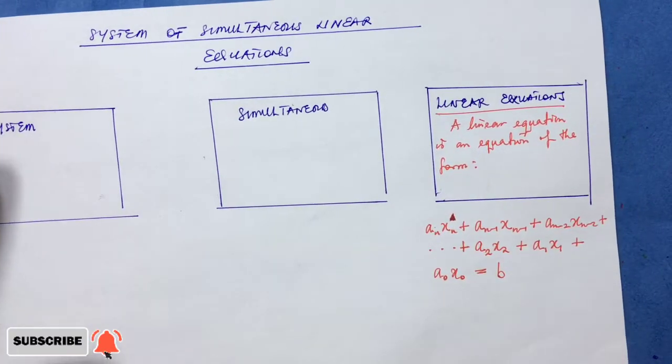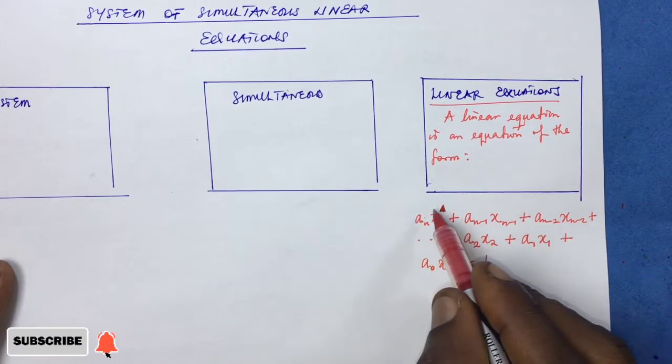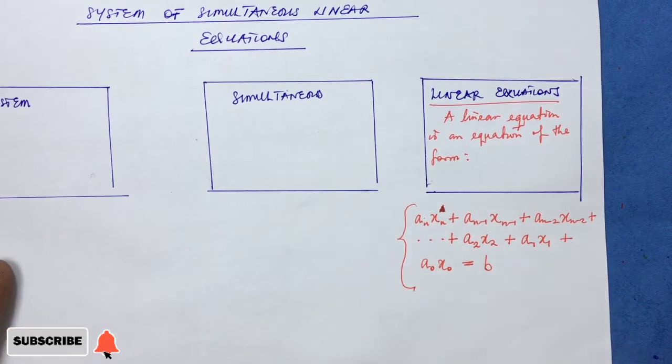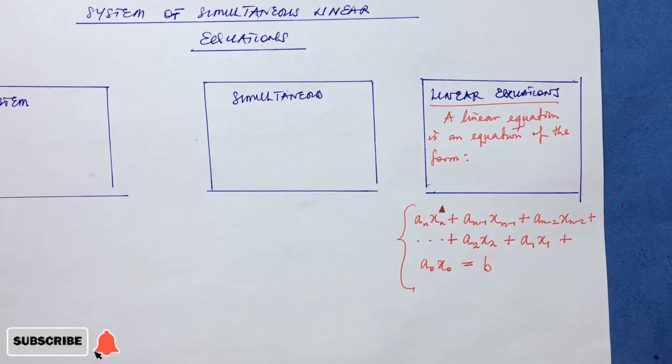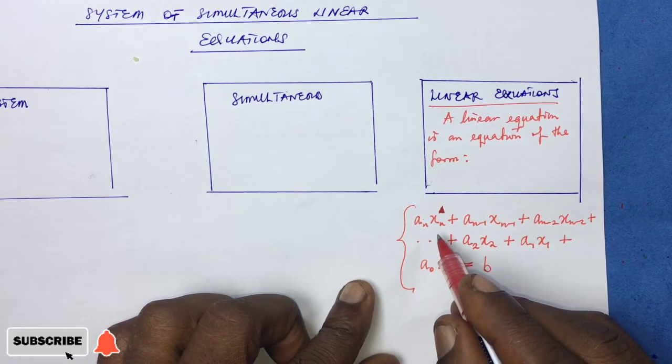Now notice what is going on here: you can generally write what is called a linear equation in this form. This will be a linear equation, take note, in n variables.